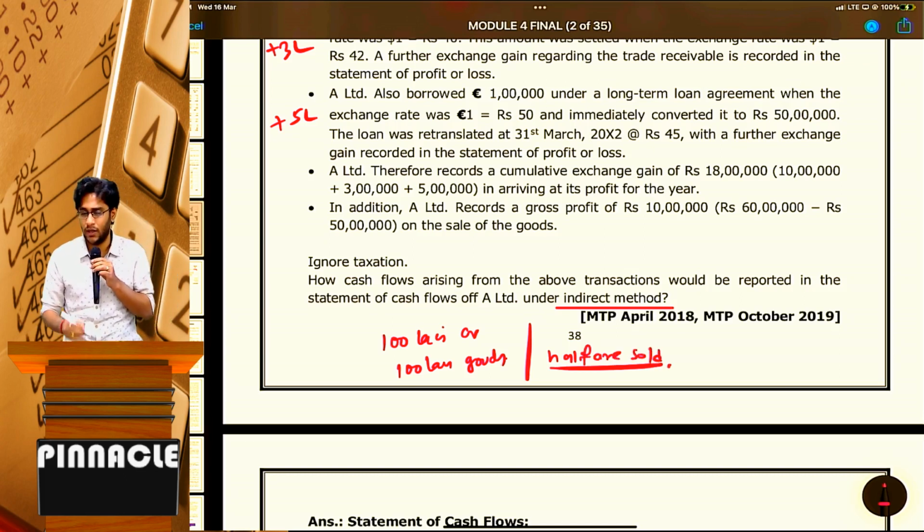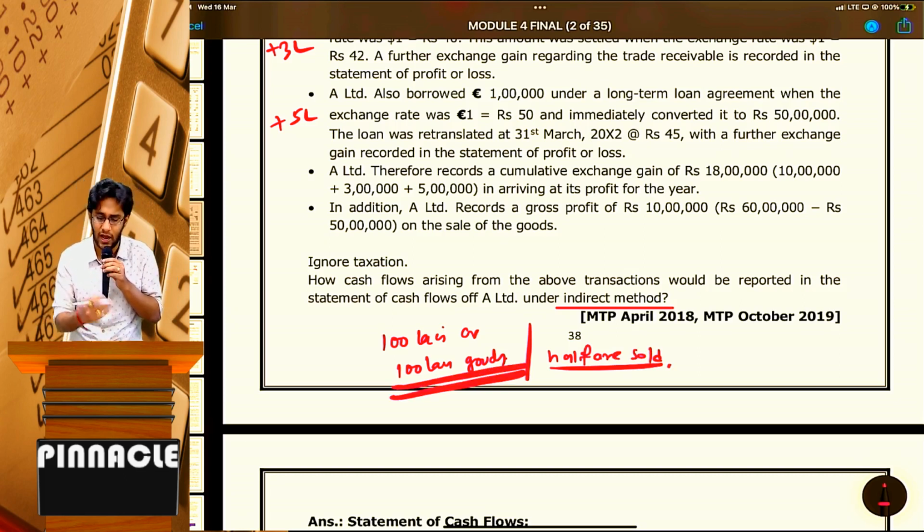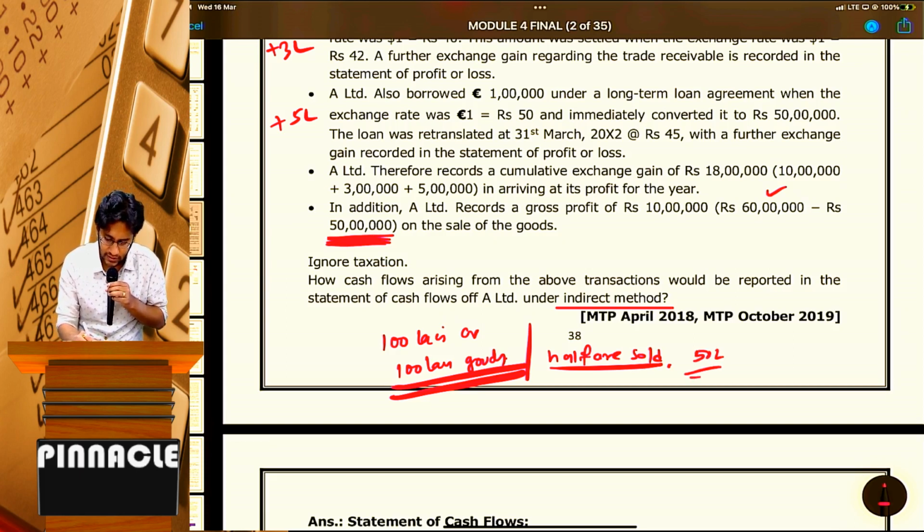If half are sold, how much is the balance inventory? Sir, 100 lakhs of goods you purchased, half you sold. Sir, how do you know half is sold? See here, 50 lakhs is sold. The sale price is the cost price. So how much is remaining, sir? 50 lakhs. This is an increase in inventory of 50 lakhs.